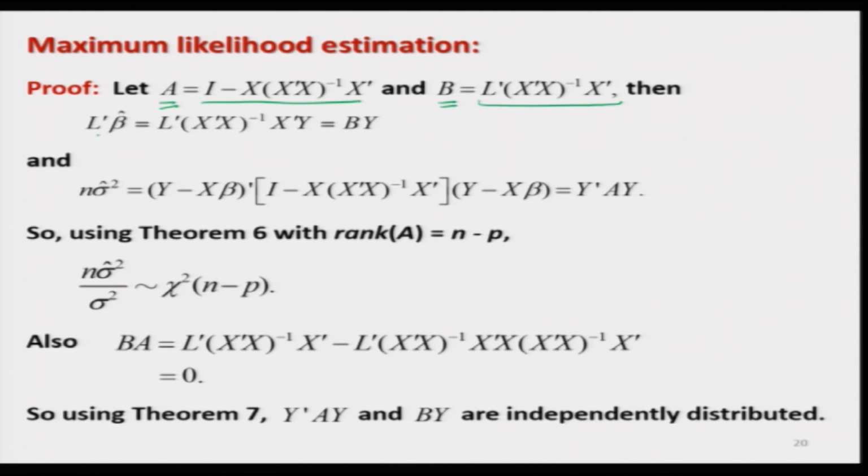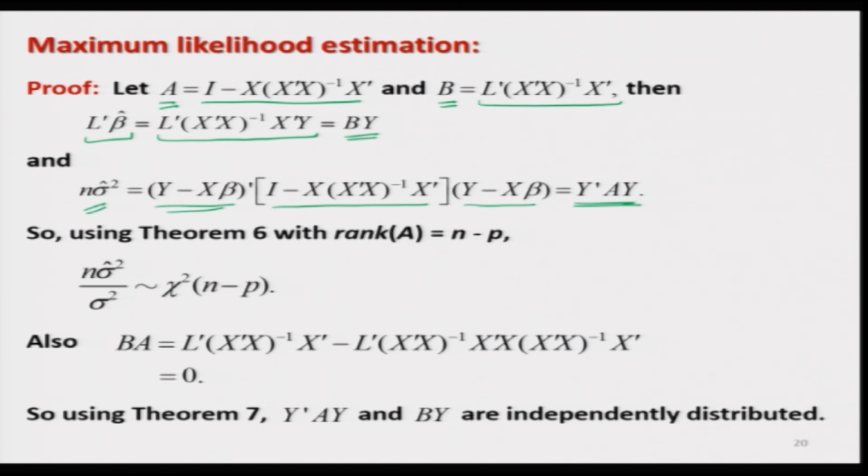So, you can write this Lᵀβ̂ as Lᵀ(XᵀX)⁻¹Xᵀy, which can be written as B y, and this quantity σ̂² can be written as (y − Xβ)ᵀ times the hat matrix I − X(XᵀX)⁻¹Xᵀ times (y − Xβ). So, this I can write as yᵀAy.